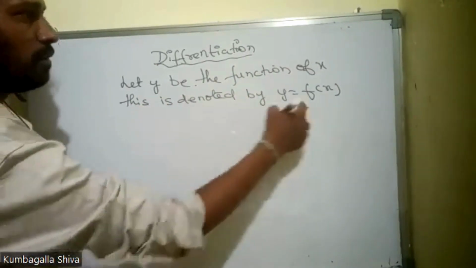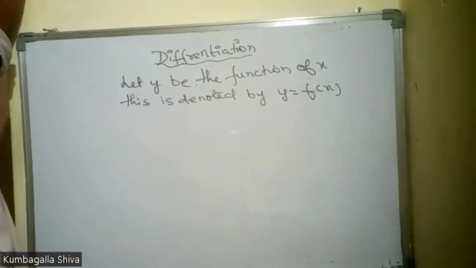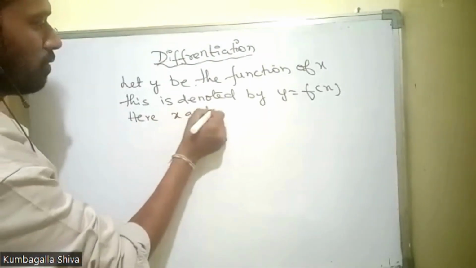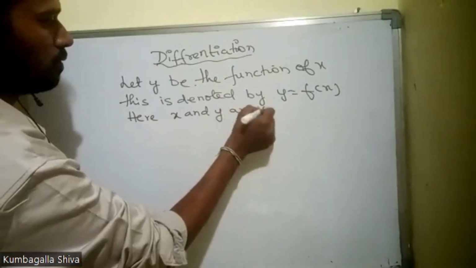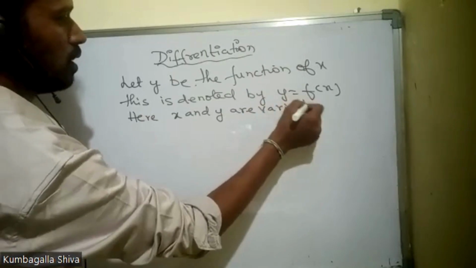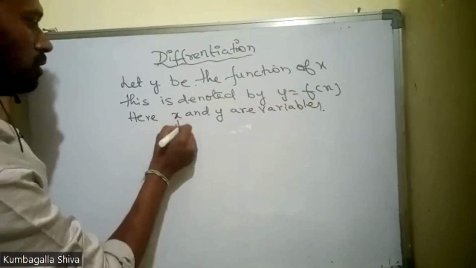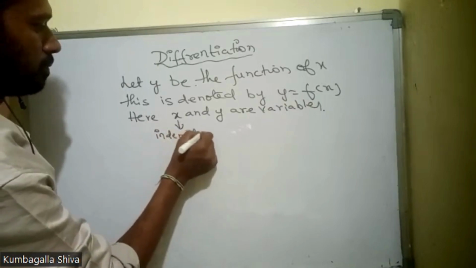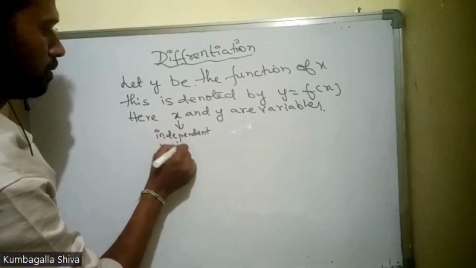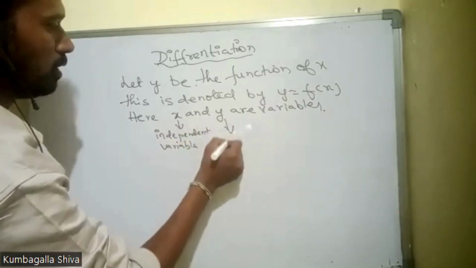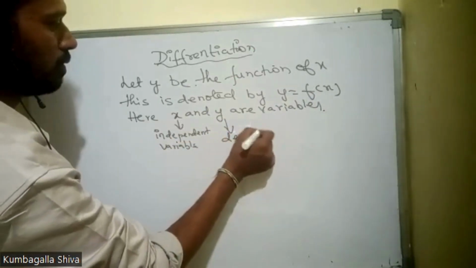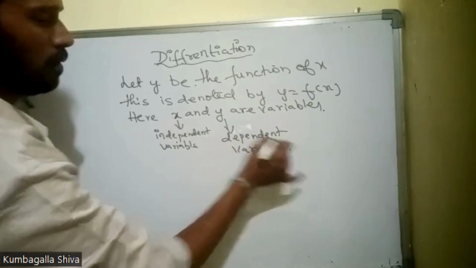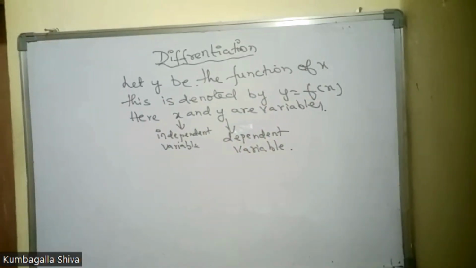This is denoted by y is equal to f of x. Here x and y are variables, where x is the independent variable and y is the dependent variable. Okay, are we clear?